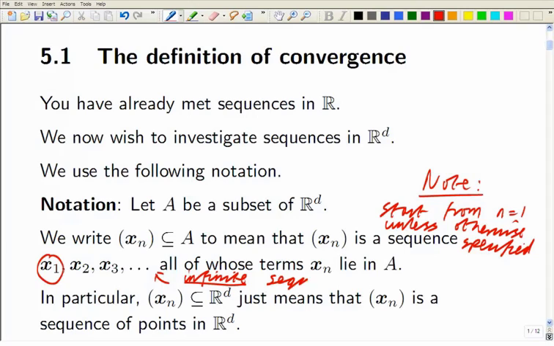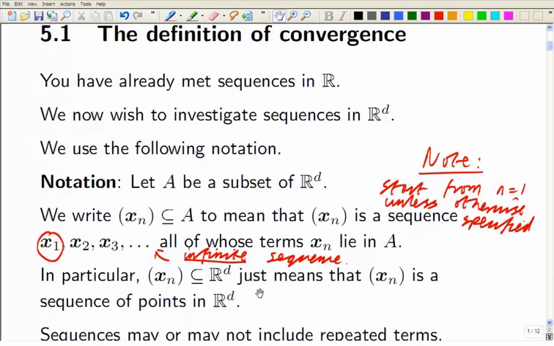So if I write that notation, I mean that there's one term for every natural number, and all of the points are in the same set A, because I said contained in A, so I mean all of the xn are in A.